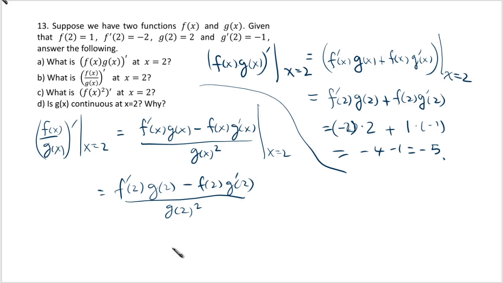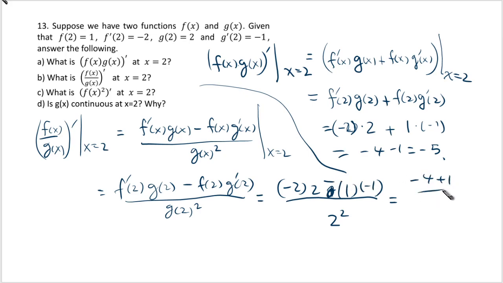Okay, just apply the quotient rule. I hope you memorized it. And just quote all the values from the top. It's negative 2 times 2 minus 1 times negative 1, over g of 2, which is 2, so it's 2 squared.